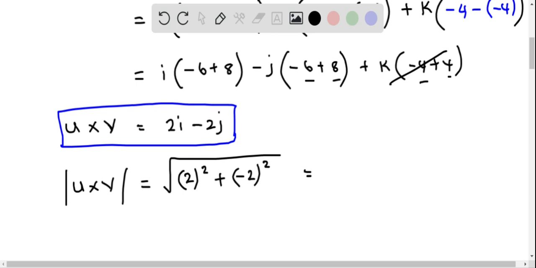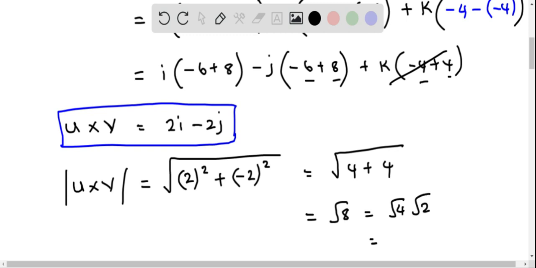So this gives under the root 2 squared is 4, -2 squared is also 4, and this gives root 8, and this can be written as root 4 times root 2. Root 4 is 2, so it is 2 root 2. So therefore we see that the magnitude of u cross v is 2 root 2.